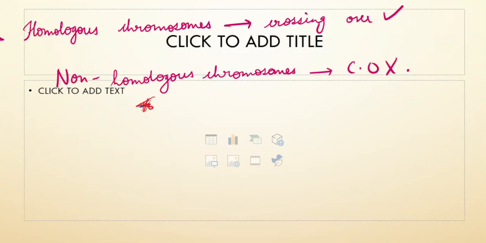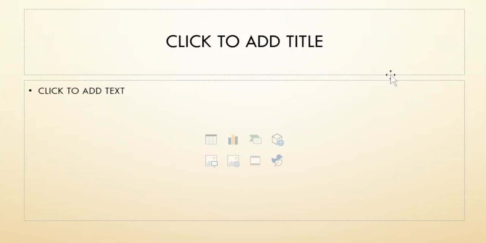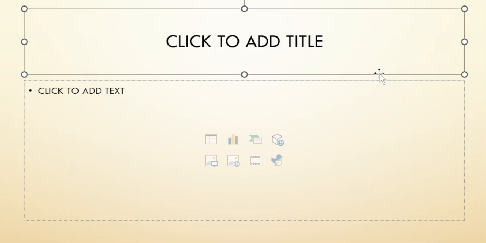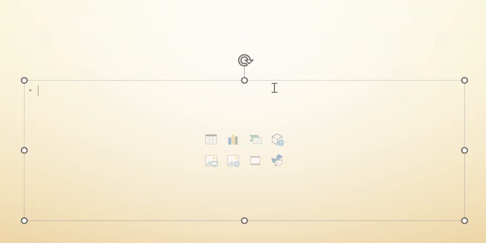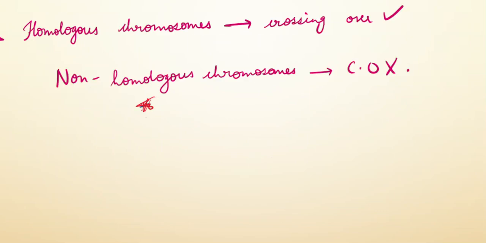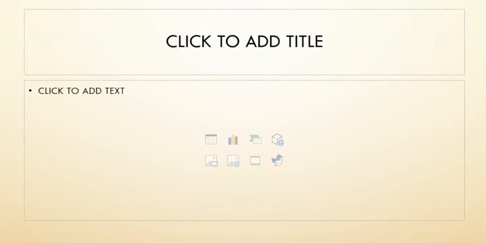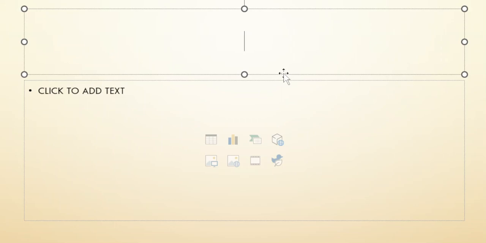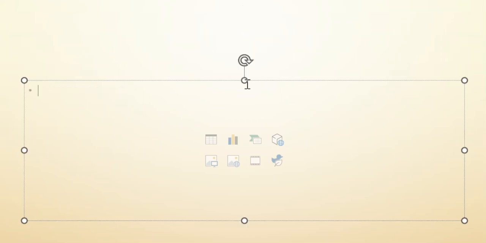Now I told that there are two things, and one is dominant. Like in a house, someone rules the house and someone doesn't. The person who doesn't rule the house is recessive, and the person who rules the house is dominant. In the same way, in our genes, suppose there are capital T and small t.